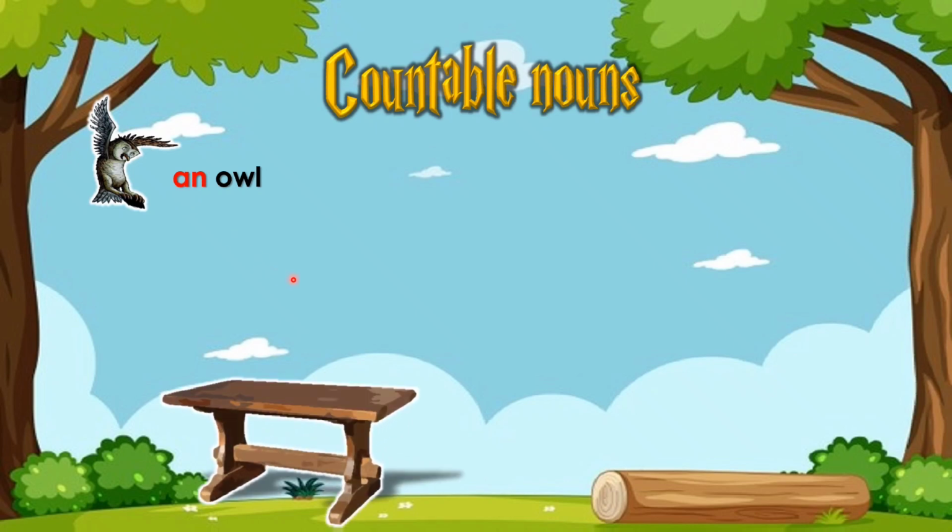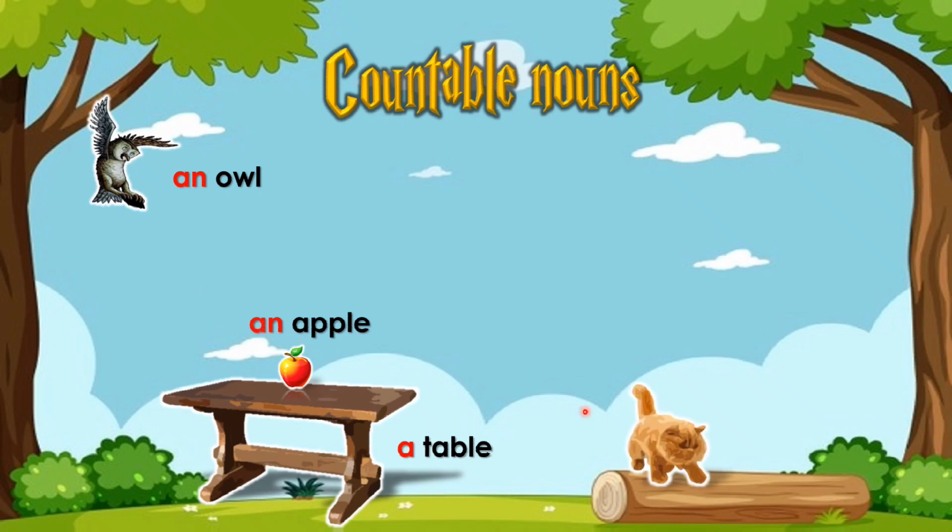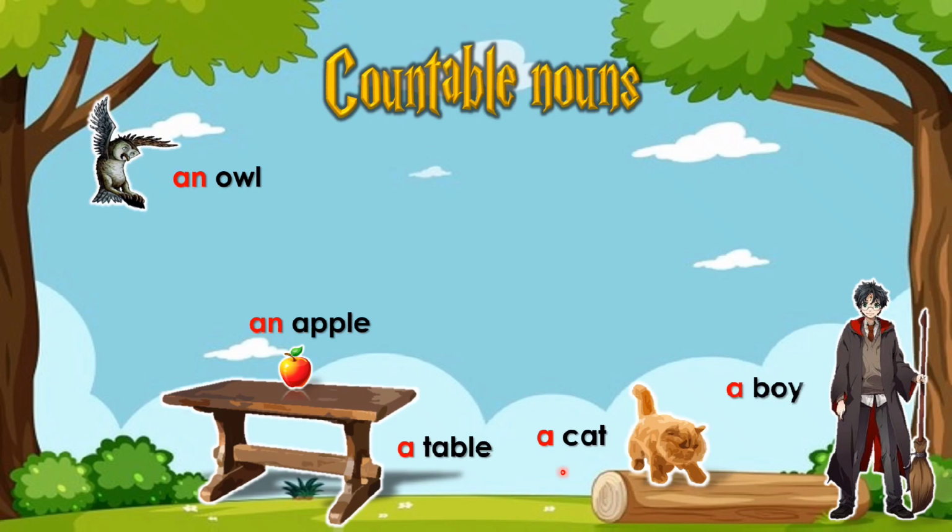This one is table, so we will say a table. This one, what is this? Apple. Apple starts with a vowel sound, so we will say an apple. How about this one? Cat. So we'll say a cat. This one, a boy, a boy.